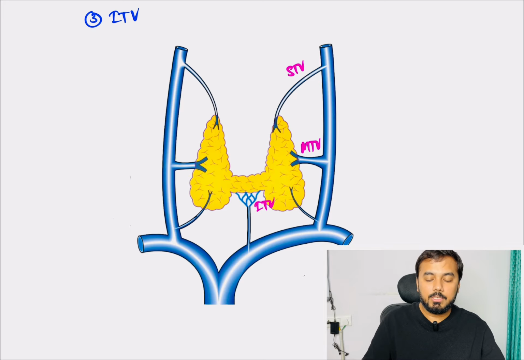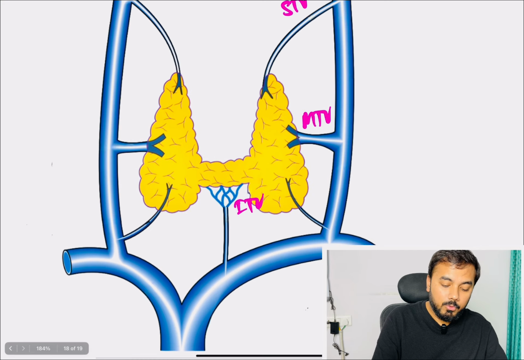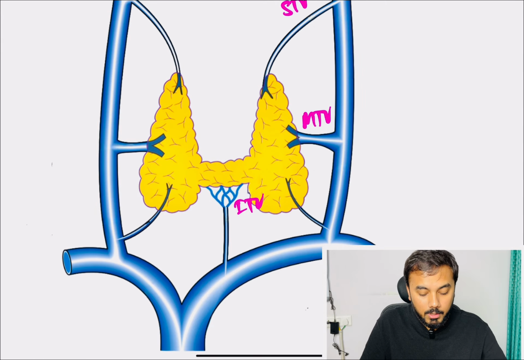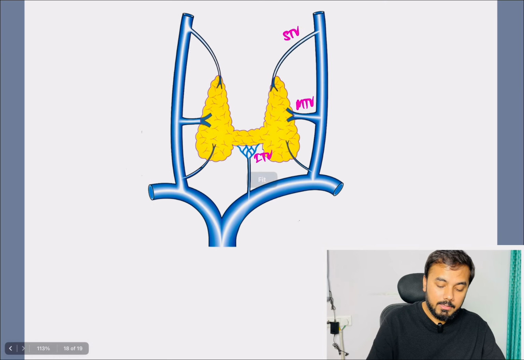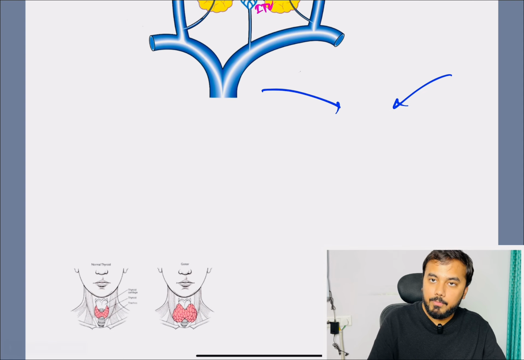Now you need to understand one thing. Look here, don't get confused thinking that this is superior, this is middle, this is inferior. No. Look at the inferior thyroid vein. This is the superior thyroid vein, and this is your middle thyroid vein.